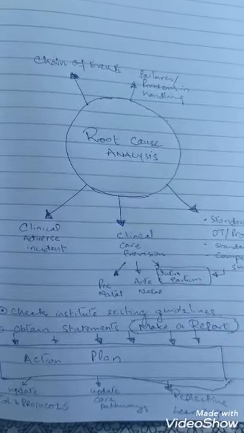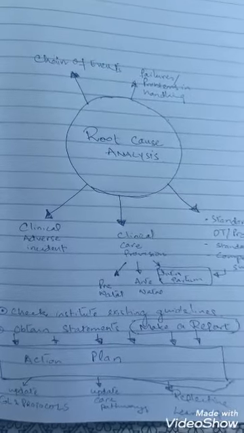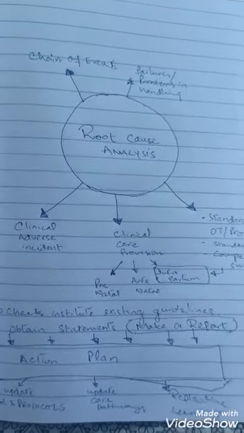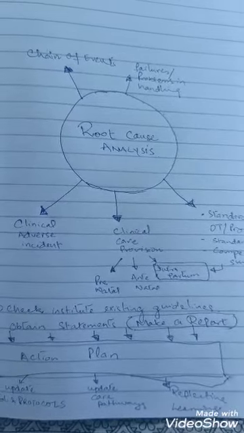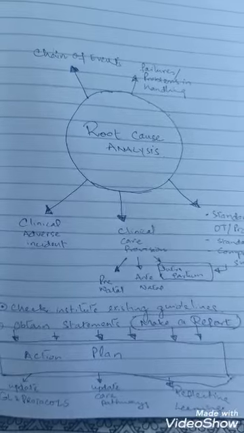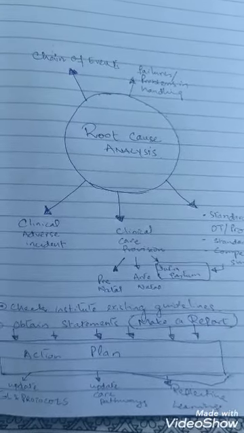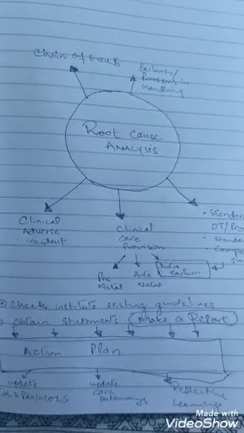A list of all the people who were involved in the care of this particular patient. And you will meet those persons, and you will take their statements, with their signatures and with their designations.